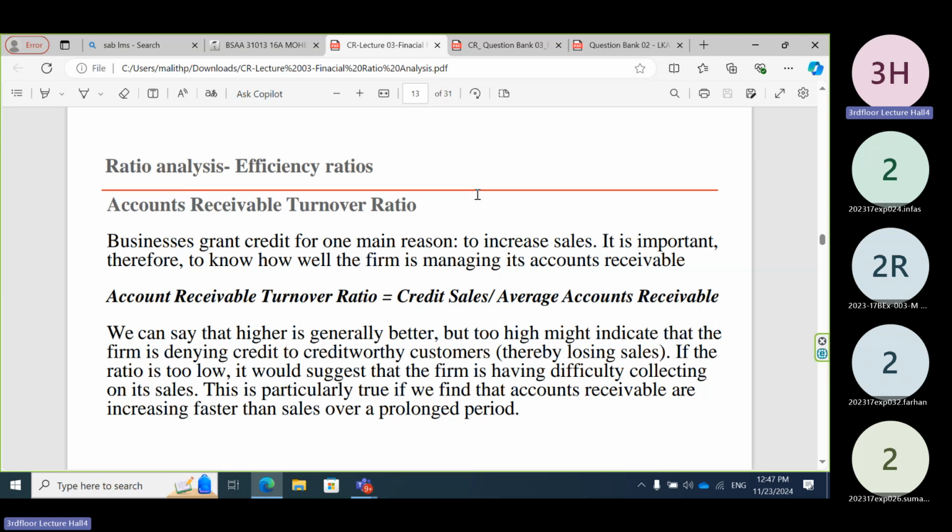That's what it means. For example, if the year end is 31st December and guests who came on 25th December stay until January 15, then for 25th to 31st December you have earned the revenue.